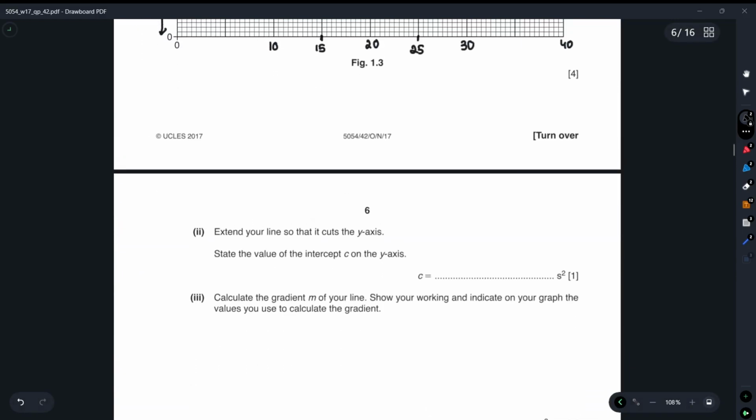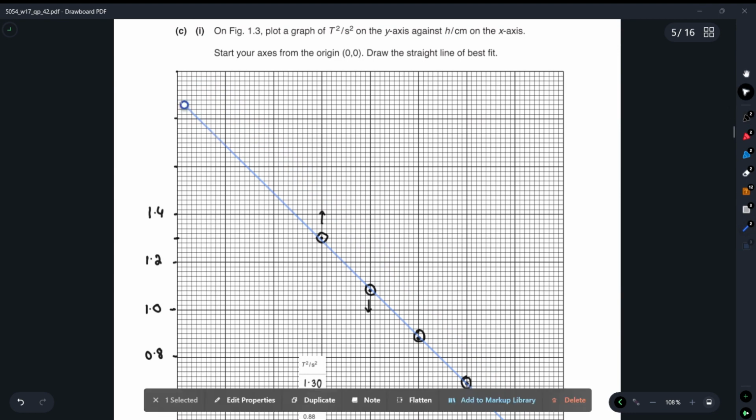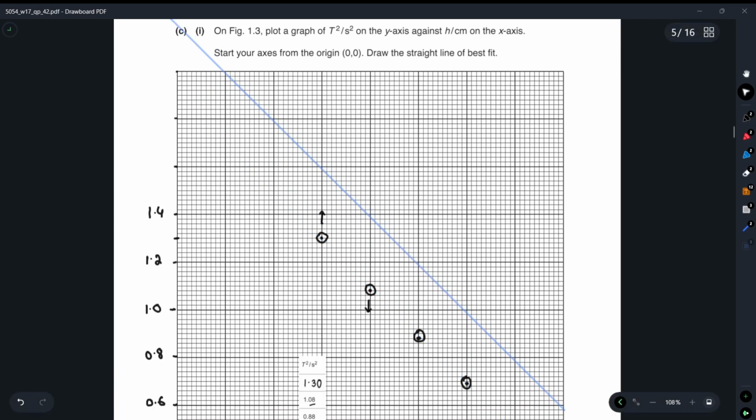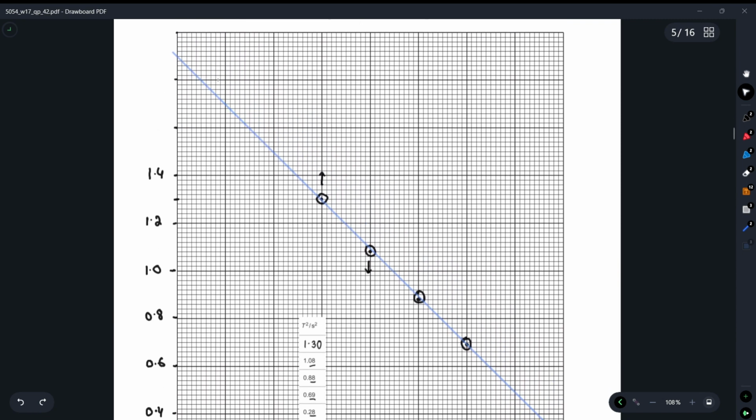Extend your line so that it cuts the y-axis. So it cuts. Okay, I need to extend this then. Oopsie daisy. No, I don't want that. So I just made it inaccurate.